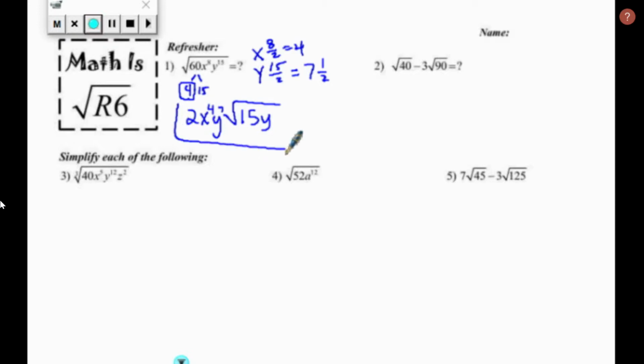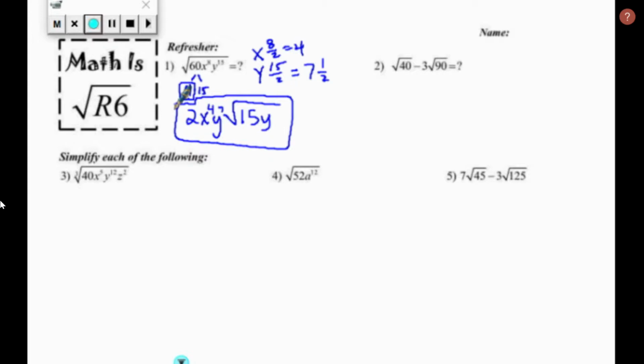Alright, so once I have finished that, I am going to go on to number 2, and we are subtracting radicals here. So this was review of what we did, so I am going to break these down by thinking about which perfect square goes into each of them, and then my goal is to have the radicand be the exact same number underneath, so that way I can combine them.